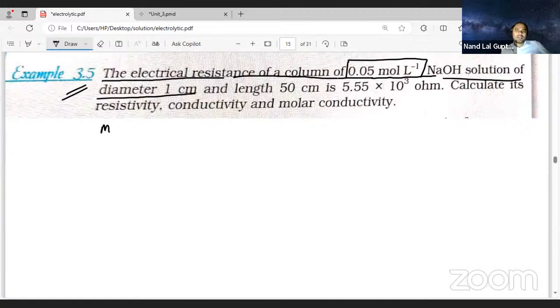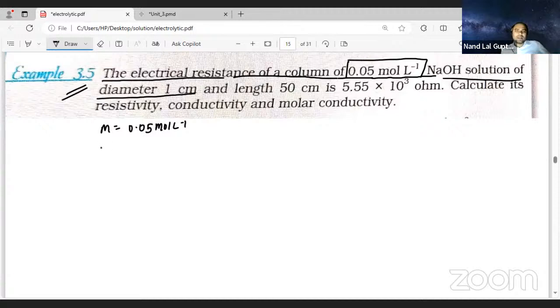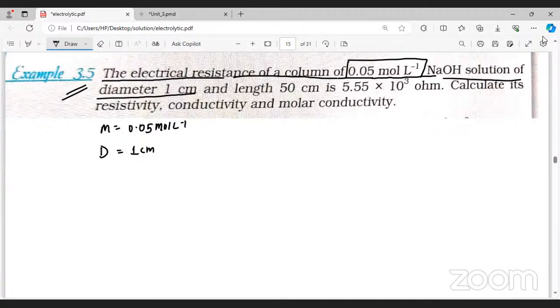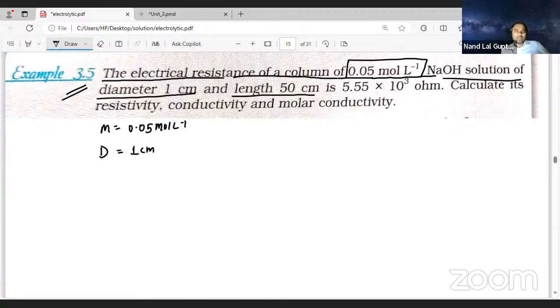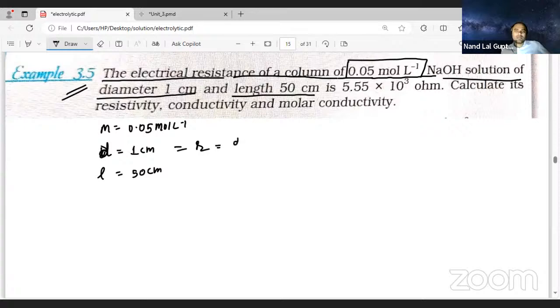So first, the molarity they have given, 0.05 mole per liter, and the diameter 1 centimeter. Length also they have given, 50 centimeter, L. Radius is not given, so you can calculate d by 2, so 1 by 2 means 0.5 centimeter.